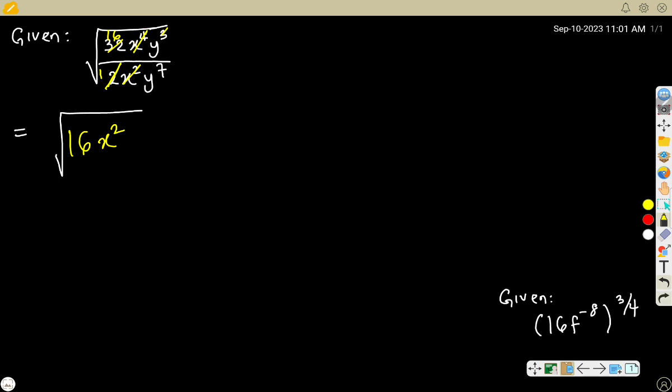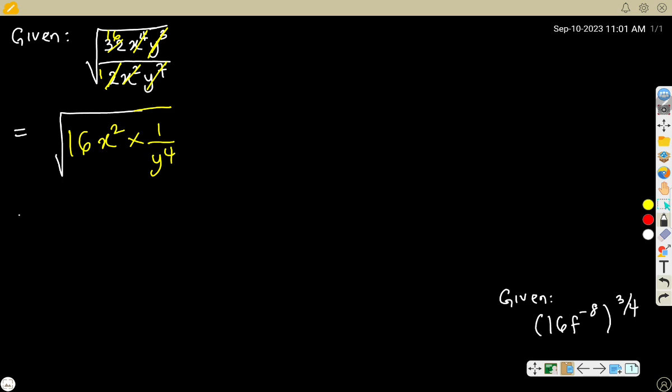And for the y, you have y 3 times here and you have y 7 times here. So if you reduce that, y cube will cancel over y raised to power 7, meaning you are going to have 4 left if you remove 3 there. So this is what you have. Now this square root will affect everything here.